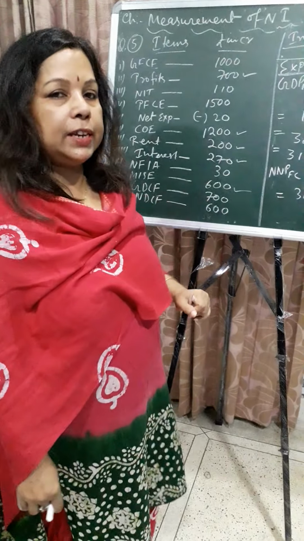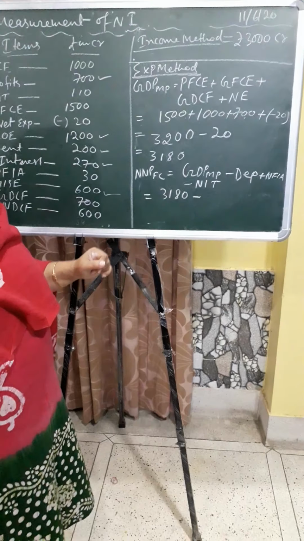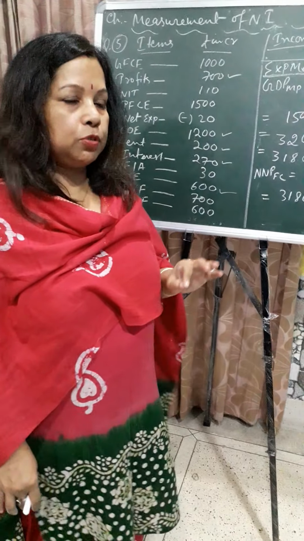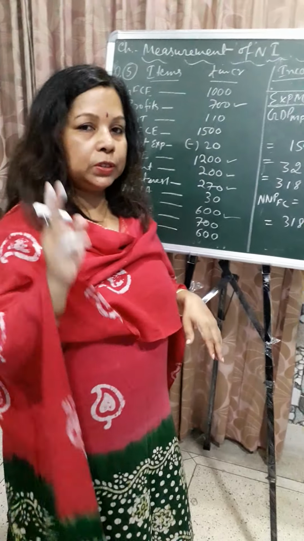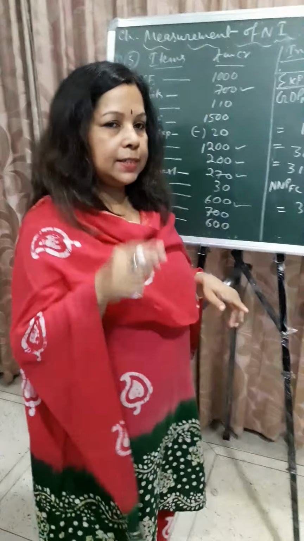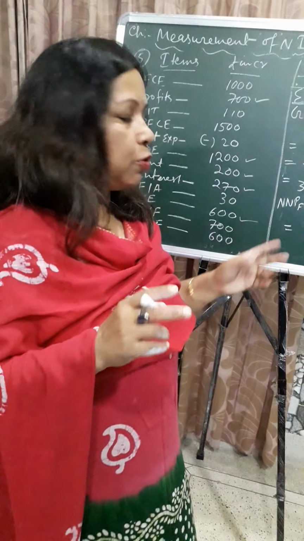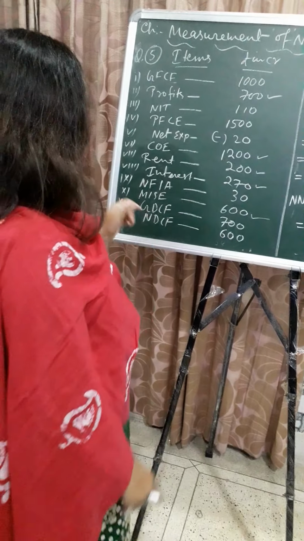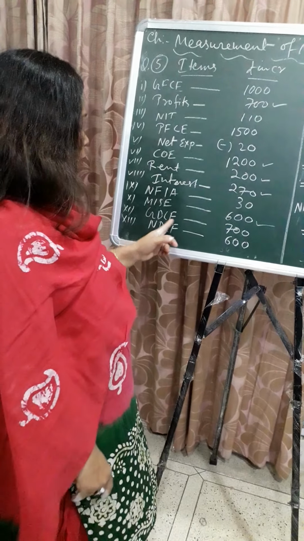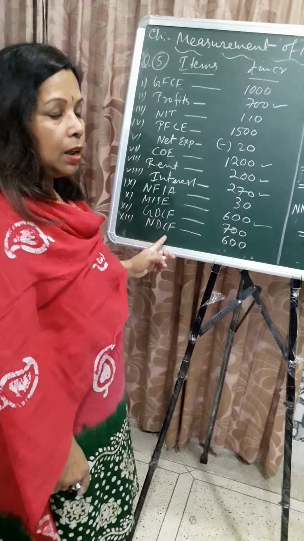So how to calculate depreciation? You have to find out the value of depreciation. Two things you have to keep in mind: if in an examination the numerical is given but depreciation is not given, how do you calculate it? First, you have GDCF, gross domestic capital formation, and NDCF, net domestic capital formation.